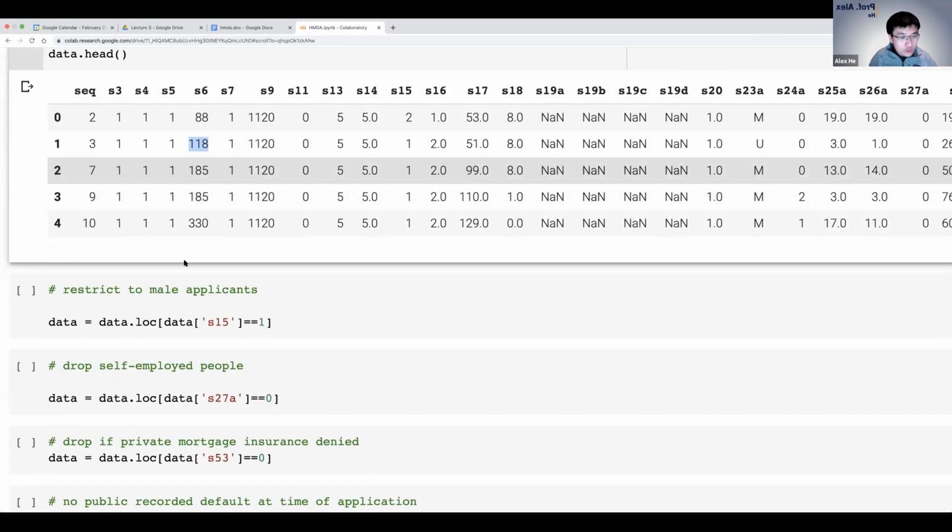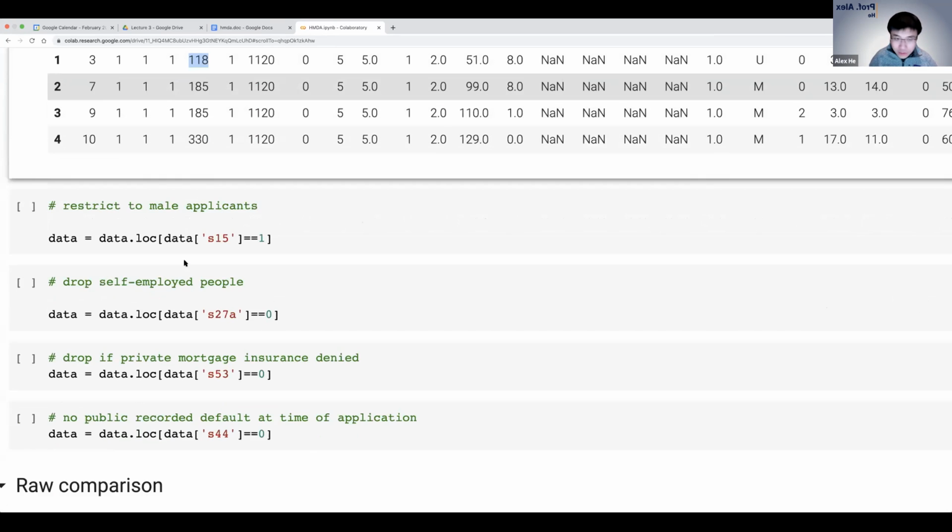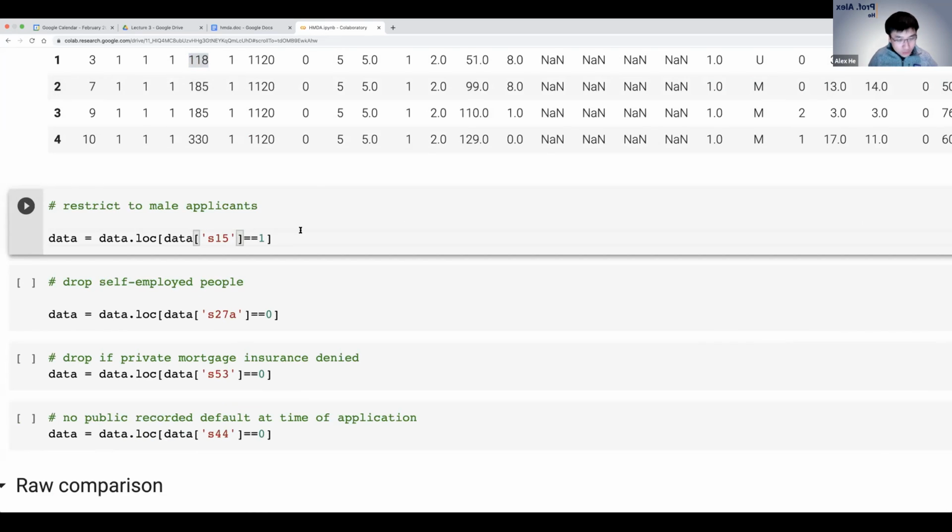So the first thing we do is to make several sample restrictions, and we just focus on that subsample for now. So the first restriction we make is we only look at male applicants so that we don't bring in the additional gender consideration. And also when you have both males and females, you have to consider their families, so it's like more complicated.